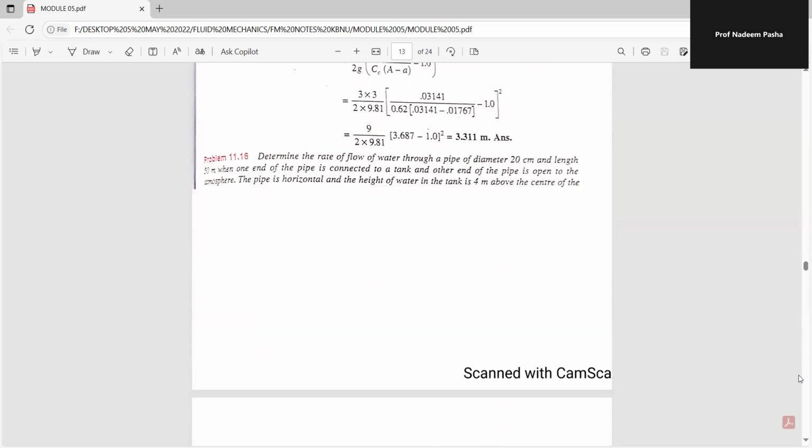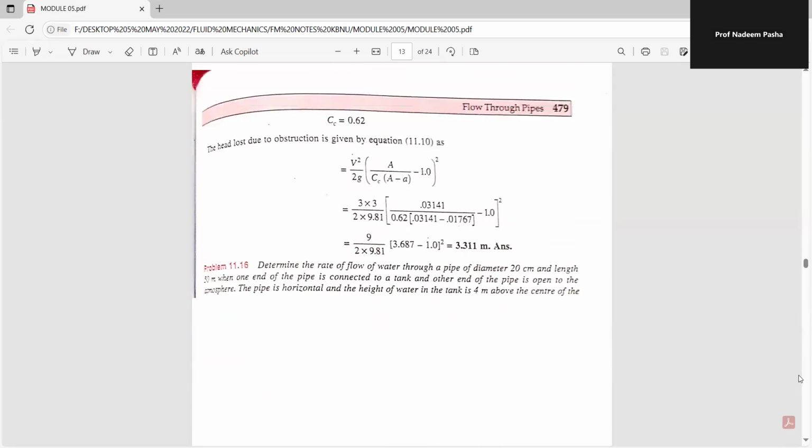So Cc is 0.62. Using this equation, loss of head due to obstruction in a pipe is given by V square by 2g into the bracket A divided by Cc into (A minus a) minus 1.0, raised to square.